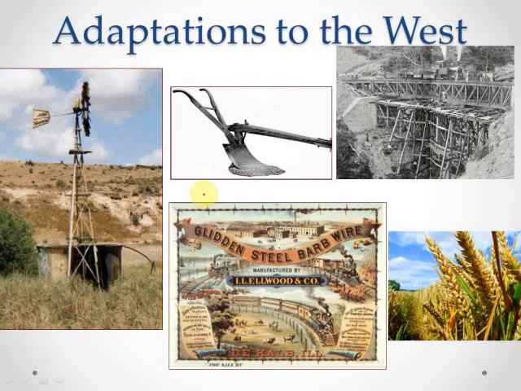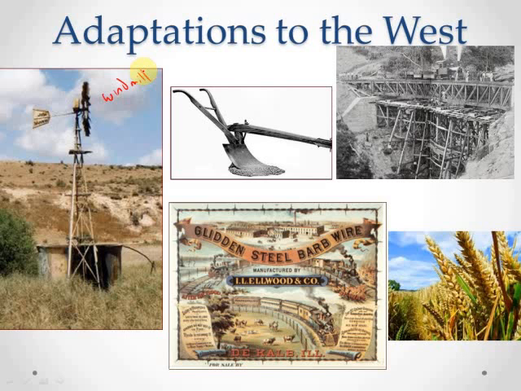How did we get past all of these problems? Well, first off, windmills. How did windmills help? Not electricity. They use wind to pump water. You dig a well into the ground or a pipe, and a windmill will constantly pump air into the ground.